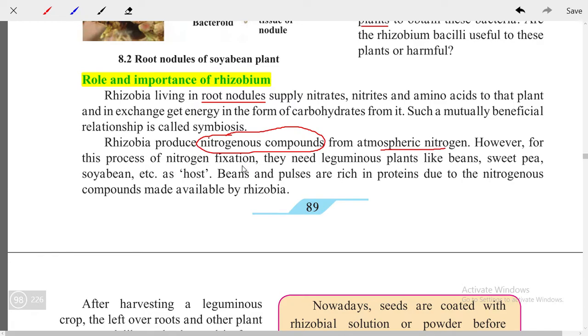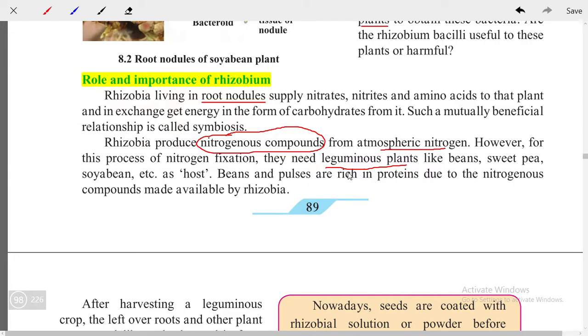But which type? Biological nitrogen fixation. And this nitrogenous compound is necessary for leguminous plants. शिंबावर्गीय वनस्पतींना अशा नायट्रोजनच्या कंपाउंडची खूप आवश्यकता असते.